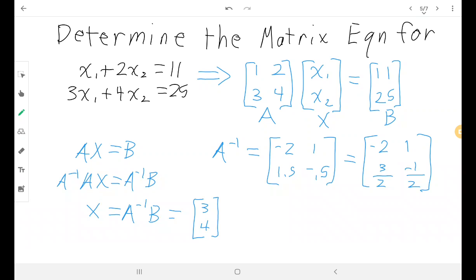So that gives me a matrix of 3, 4, which means 3 is my x1 and 4 is my x2. I'll pause again, give you a moment to look at that, see if there are any questions. Okay, there being no questions, I will move on.